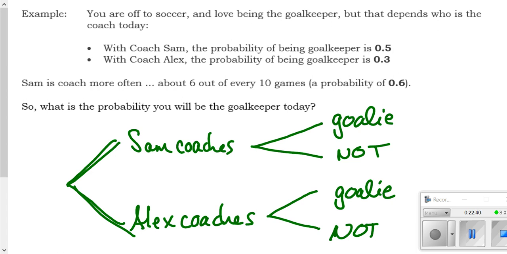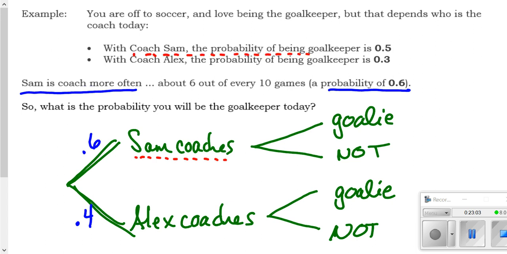Okay, now we're going to go through and put in the probabilities. It says Sam is the coach more often, 60% of the time. So if this is 60%, not Sam is the complement, so that would be 40%. Then over here, at this part of the diagram with Coach Sam, the probability that I get to be goalie is 50%.